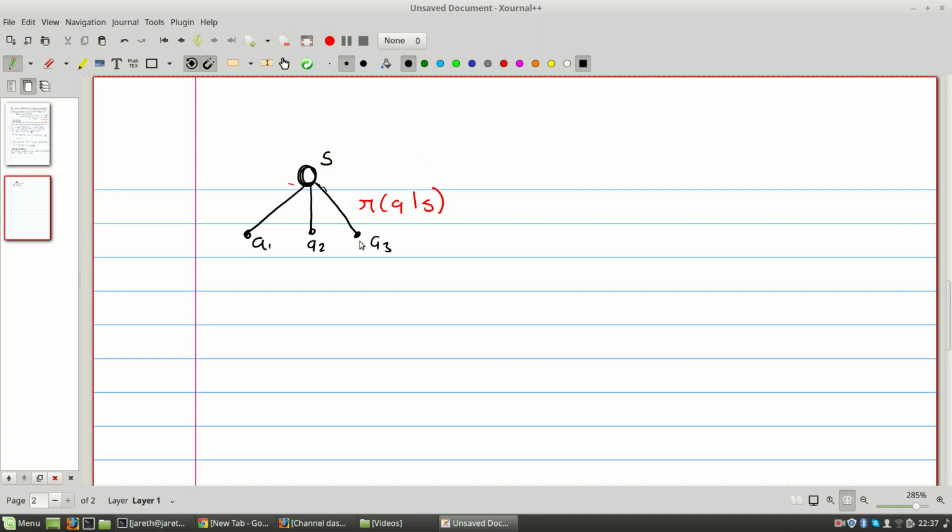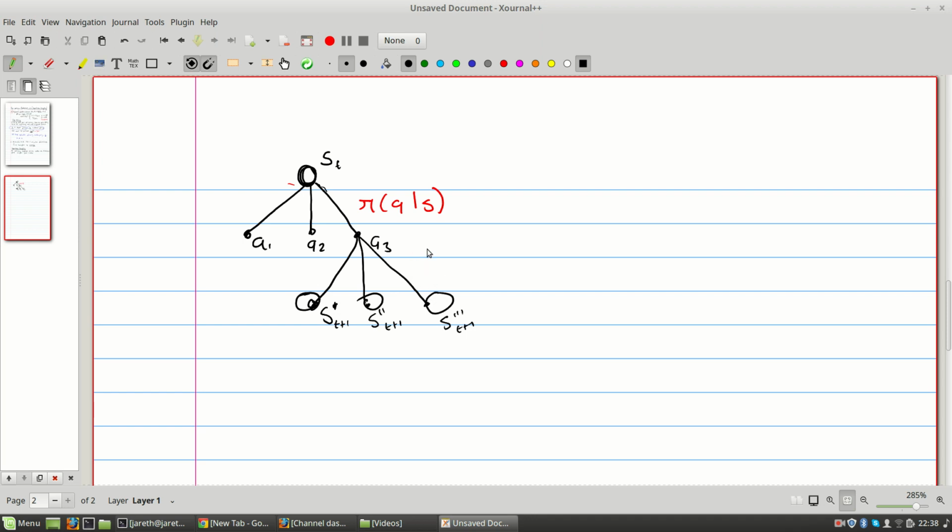And then after taking any one of those actions, we might end up in some state S prime. If this is time step t, this is time step t plus 1. Or we might end up in some other state at time step t plus 1. And what's the probability of ending up in each of these states?